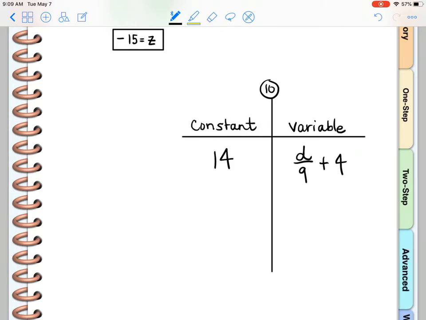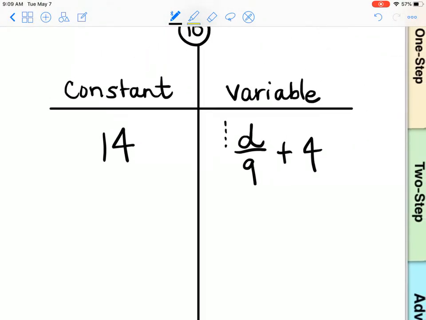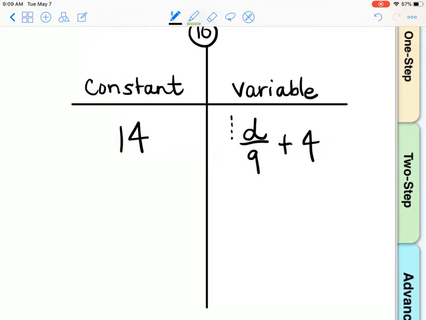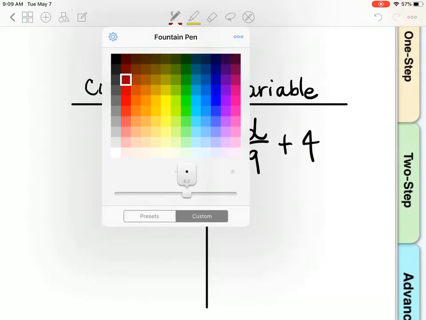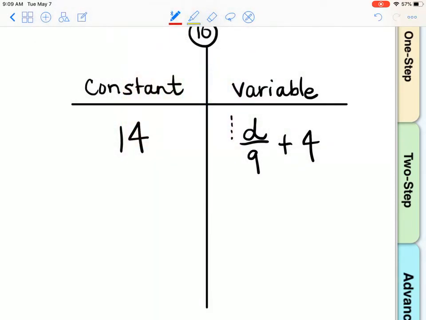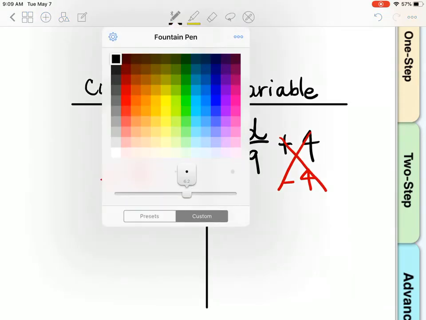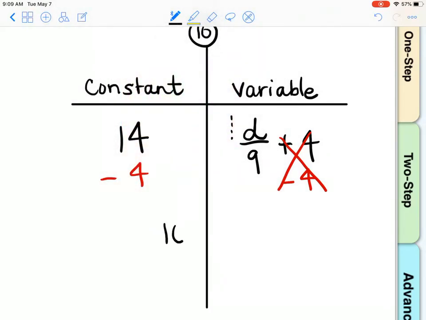You can go ahead and put your 1 there for the d, and I'm going to zoom a little bit so we can see this. And the first thing I want to do is move the 4. The constant 4 comes off this side and off this side, and that leaves me with 10 on the left, and then 1/9 d on the right.